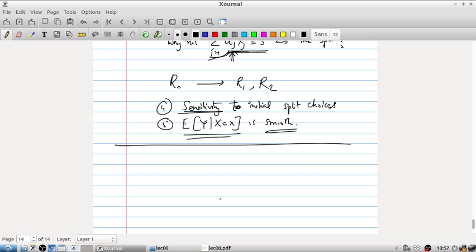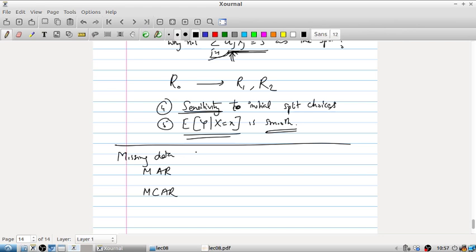Sorry, actually, let me state it correctly. There are two notions to formally talk about missing data.